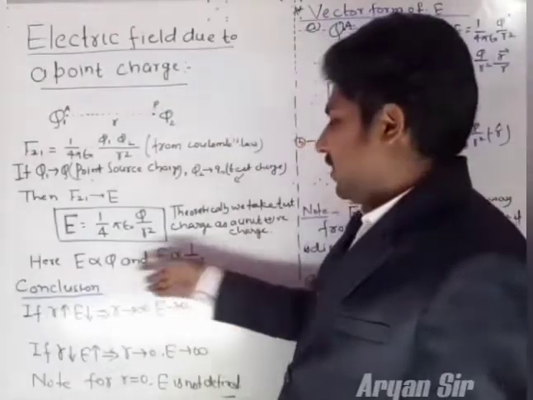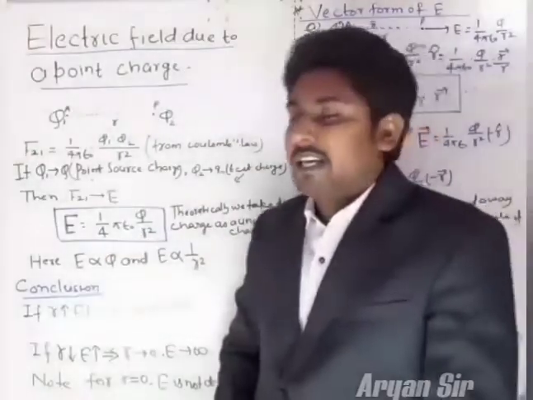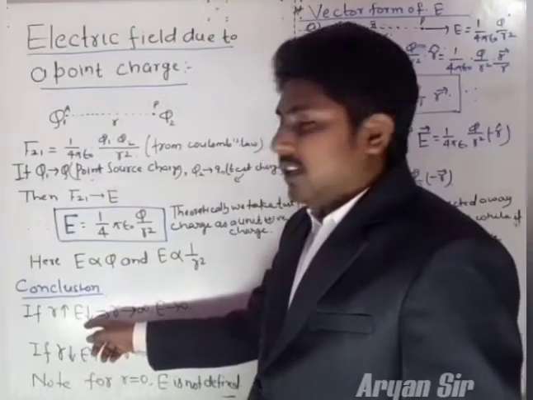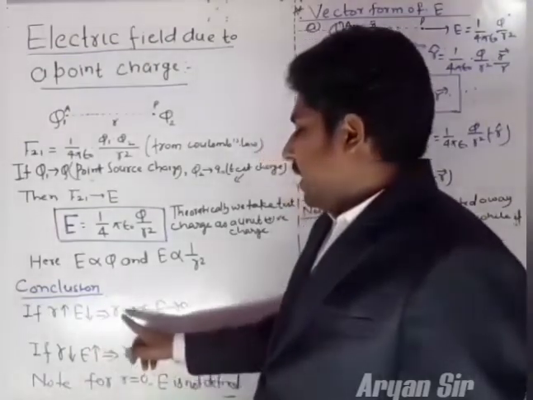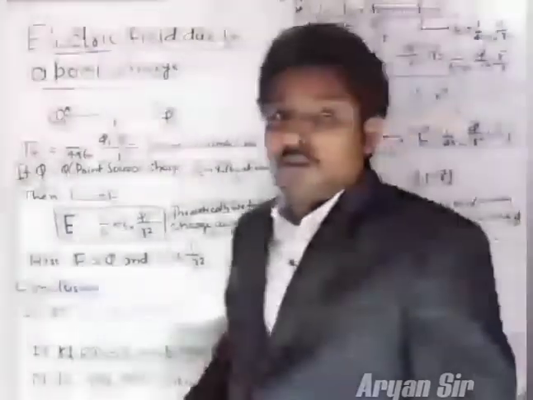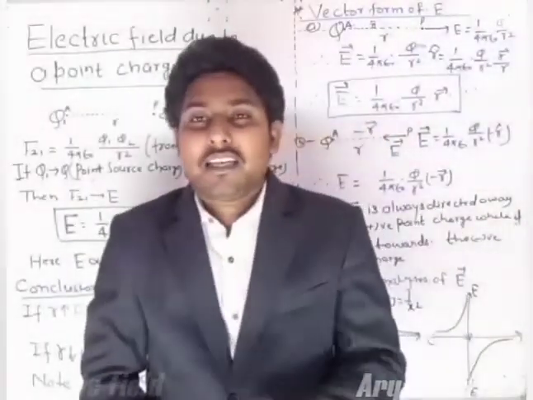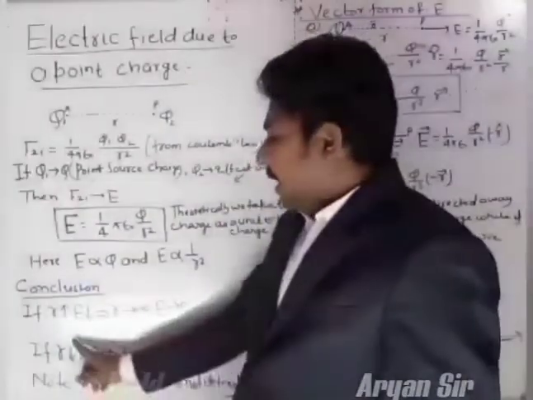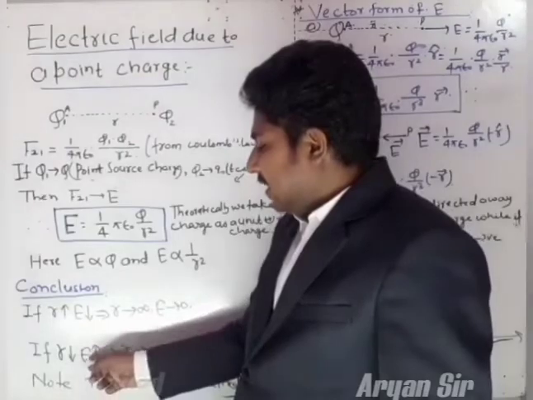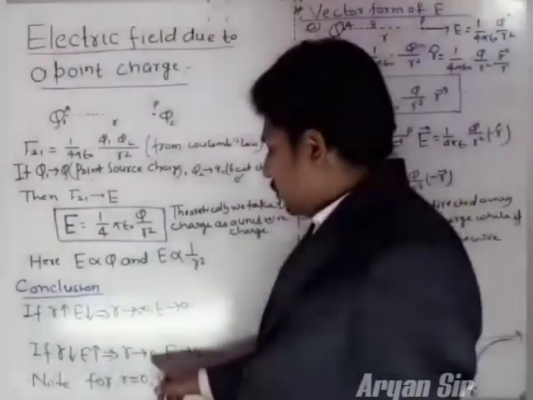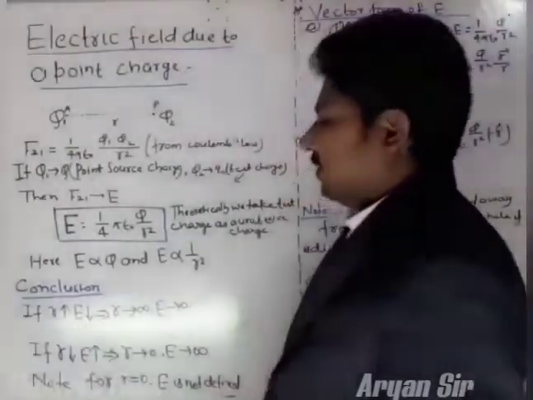So from this concept we conclude that if r is increasing, then electric field intensity will decrease. It implies that if r tends to infinity, then E tends to 0. So we can say theoretically the electric field can exist up to infinity. Second thing, if r is decreasing, then electric field intensity will increase. It implies that r tends to 0, then E tends to infinity.